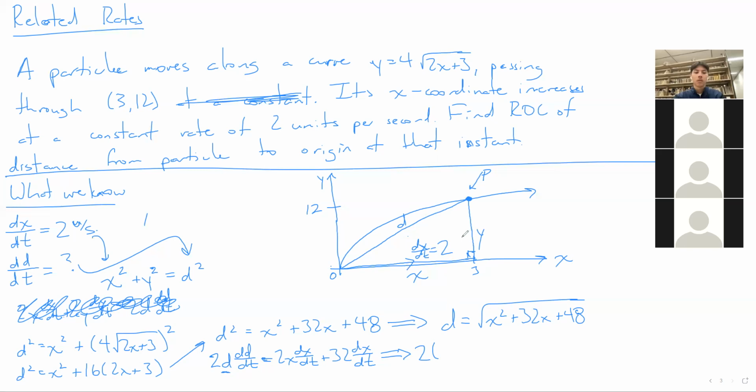And the y distance is 12? Yes. So basically you have 3 squared plus 12 squared equals d squared, which is equal to 9 plus 144. So that distance is radical 153.